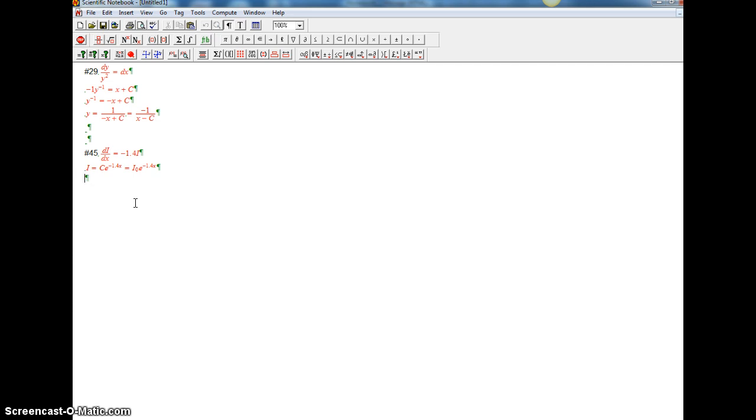All right, and so then the question is, for part A, when will the intensity be half of the intensity at the surface? I don't know what my I sub 0 is, but it turns out it doesn't matter, because I'm just going to have half of whatever my starting intensity is equals I sub 0 e raised to the negative 1.4x.